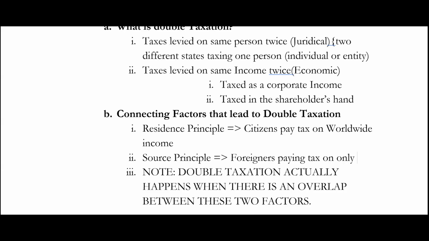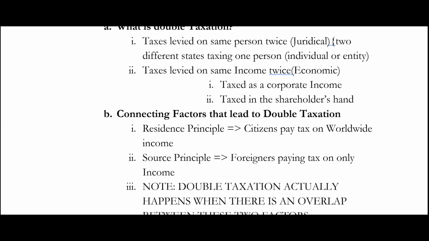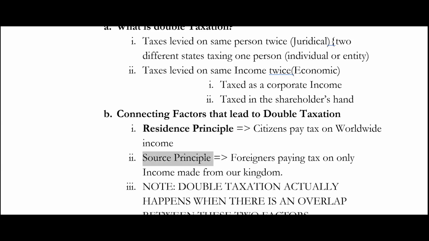So effectively he's going to be paying a reasonable tax than if there was double taxation. That is cool. So you all agree with me that these two principles we are seeing are what is actually causing double taxation, right? Let's look at it.